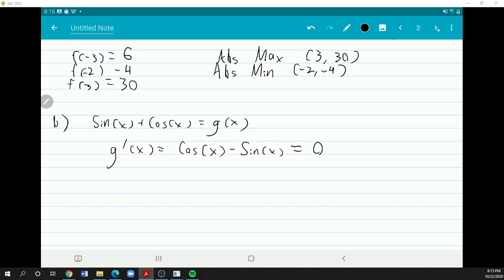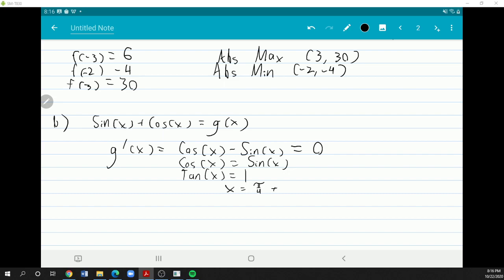And I'm going to set that equal to 0 because I'm looking for critical points. Then we're going to plug in everything. That happens when cosine x is equal to sine x, or in other words, when tangent of x is equal to 1. So if you use your unit circle, you see the only place this happens is x equals pi over 4.